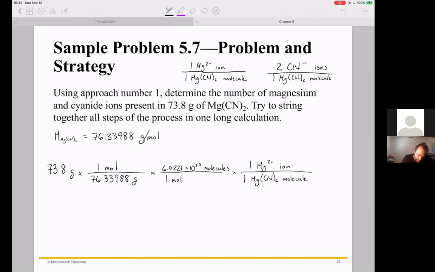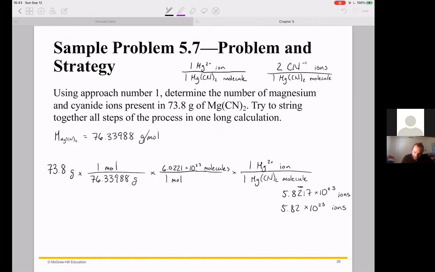Okay, so if I punch it all into my calculator, I should get 5.8217 times 10 to the 23rd, and this is now talking about ions. If I'm going to be good about sig figs, which I definitely have to be, you can go 5.82 times 10 to the 23rd ions.